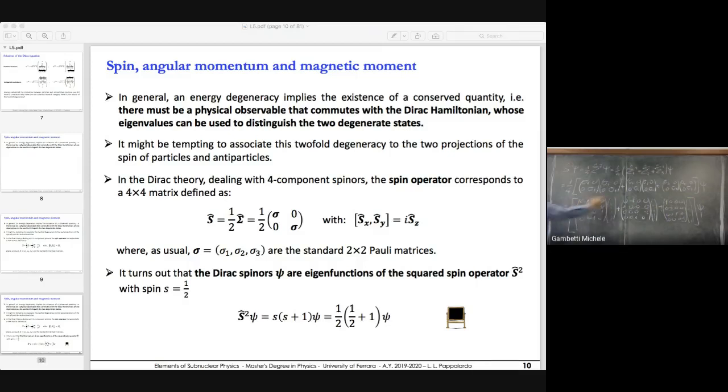Now we can make the product of these two matrices, that is, squaring the Pauli matrices. It turns out that each of these squared matrices is just the 4x4 identity matrix, 1, 0, 0, 0, 0, 1, 0, 0, 0, 0, 1, 0, 0, 0, 0, 1.